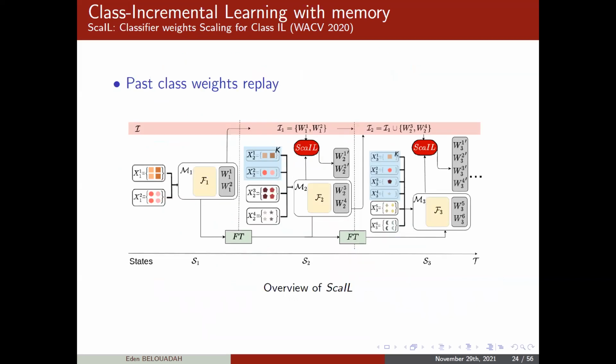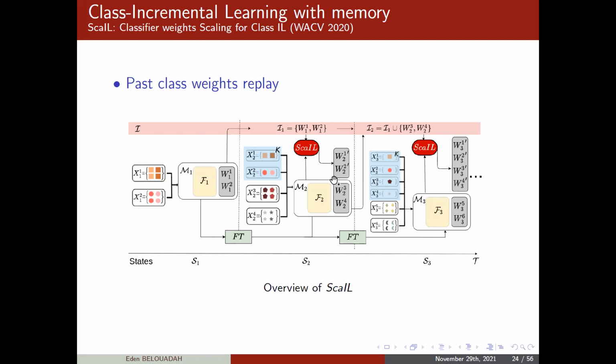In SCALE, we also perform vanilla fine-tuning in the training part, and at inference time, we bring the classification weights of past classes from their initial states to rectify their weights matrix in the current state.